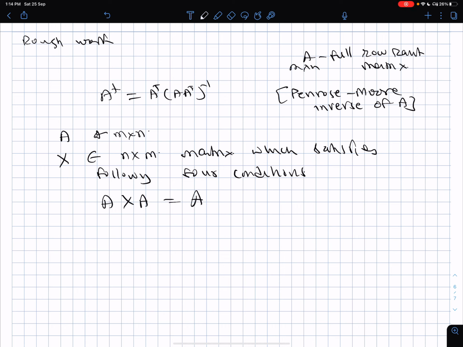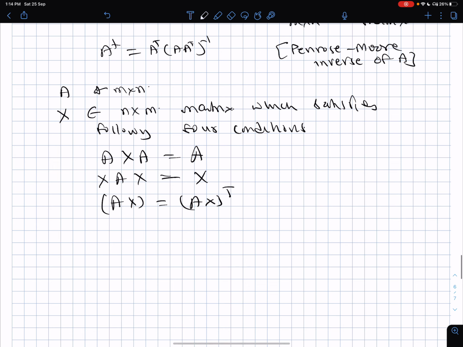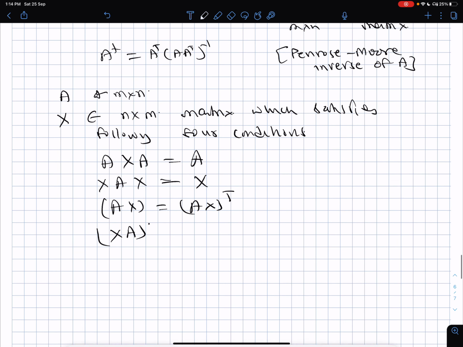AXA is equal to A, XAX is equal to X, AX is the same as the transpose of AX, and XA is the same as the transpose of XA. These are all real matrices that I am talking of.